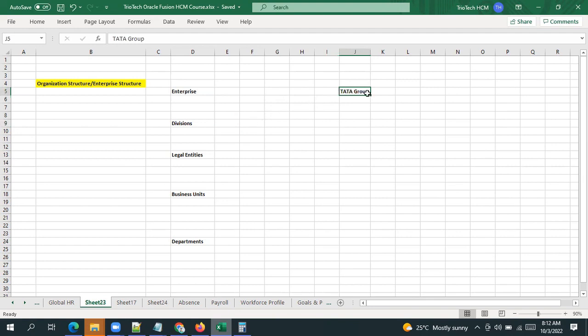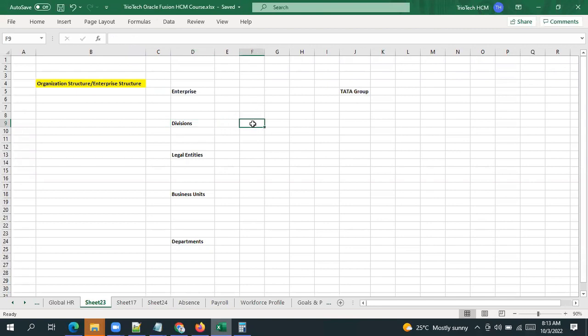Now our client is Tata, Tata Group we are going to configure. Tata Group is into diversified business functions, team. They are into IT, communications, telecommunications, manufacturing, automobile, power, airlines, different industries. So after enterprise in the Fusion system, we have the concept called divisions.